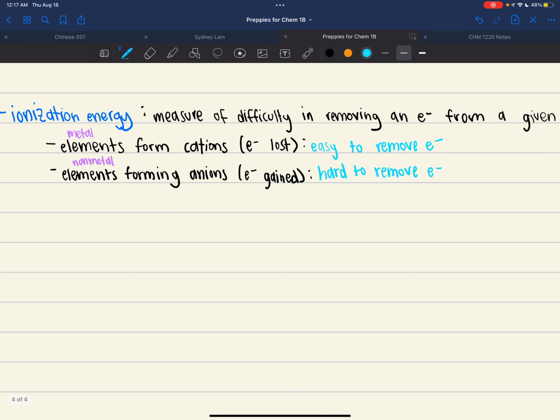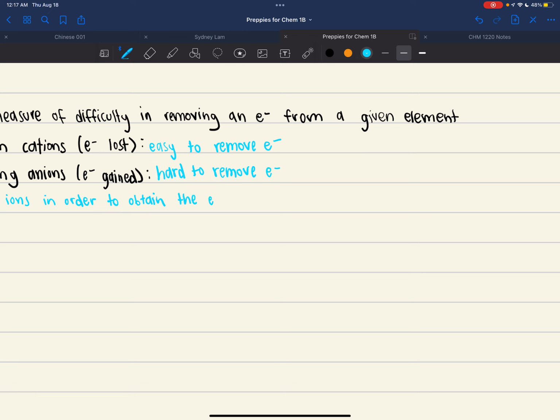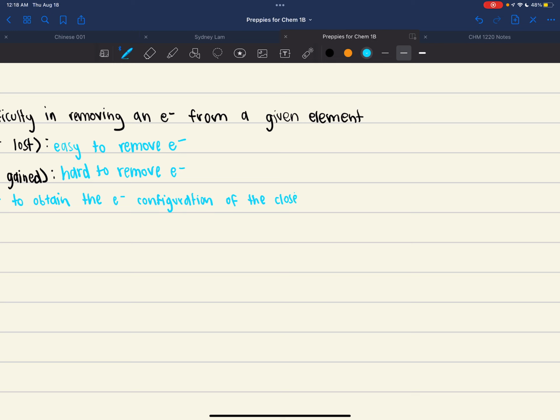Elements in ionic compounds form ions in order to obtain the electron configuration of the closest noble gas.